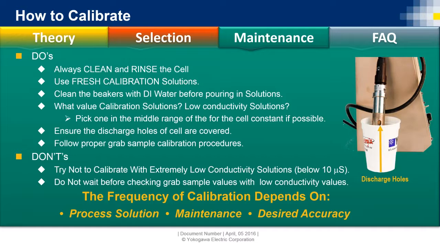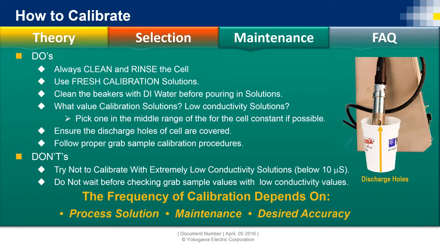So do's and don'ts. Here's what we say. Just like your pH, even though for the most part these sensors that you're using are metal, they're probably stainless steel. Some of them applications are going to be Kynar or that Teflon material or PEEK. Always clean them and always rinse the cell.